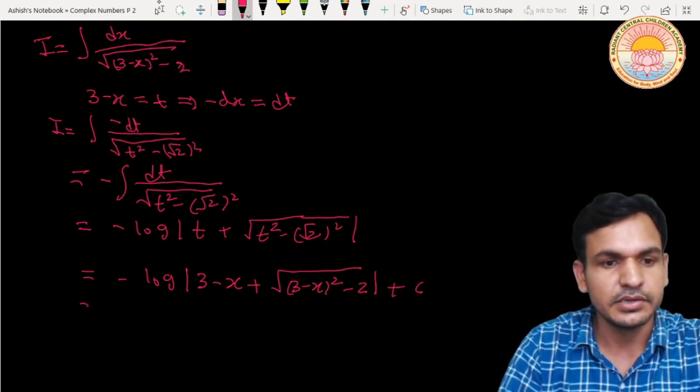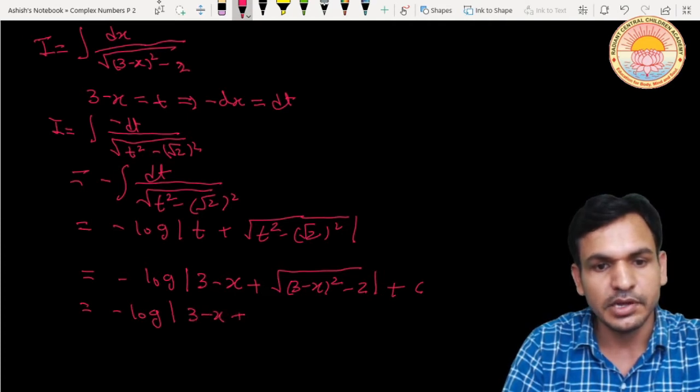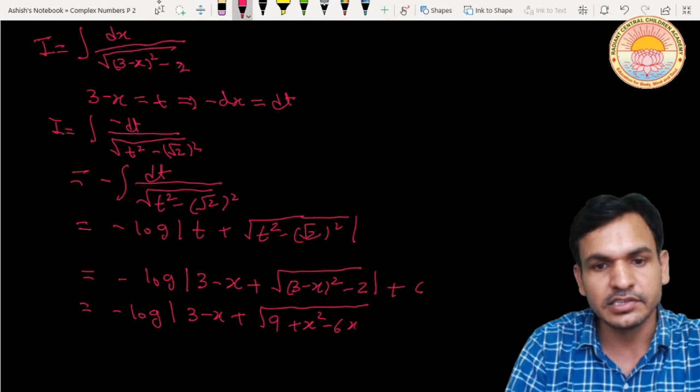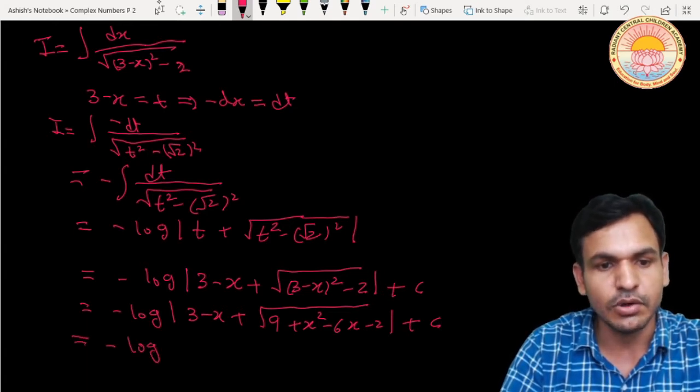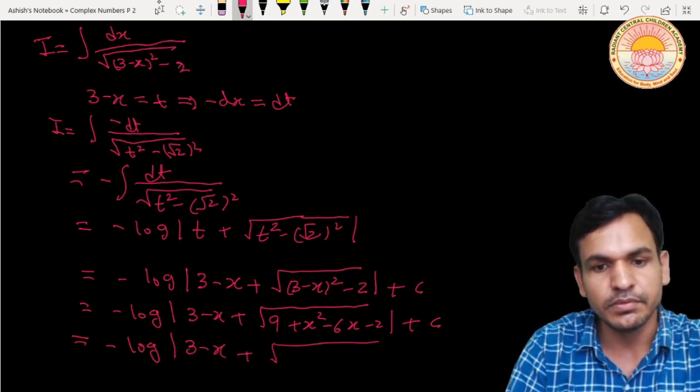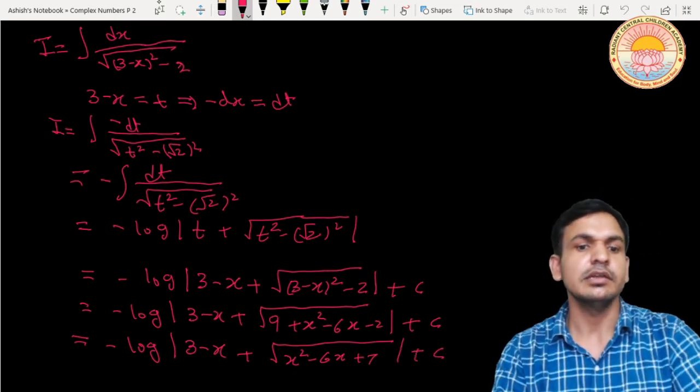So now we will get minus log mod 3 minus x plus square root of 3 square means 9 plus x square minus 6x minus 2 plus integration constant c. This can also be written as minus log mod 3 minus x plus square root of x square minus 6x and 9 minus 2 is 7 plus integration constant c. So this is the final integral.